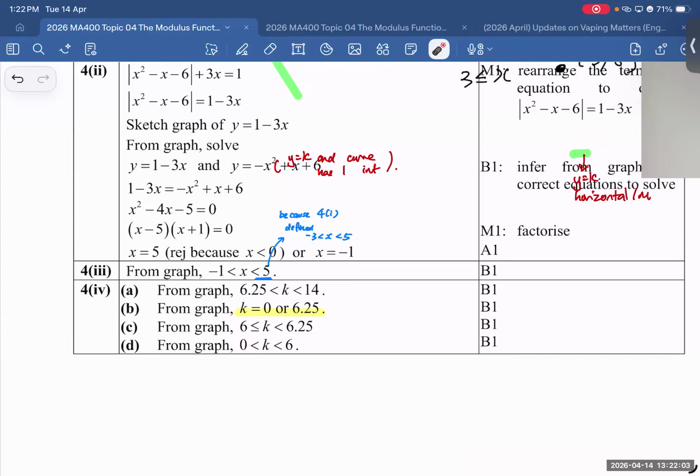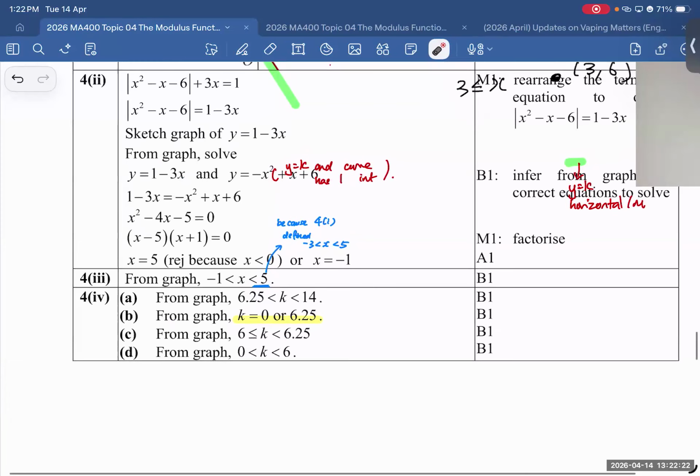Y equals to k, so y equals to a horizontal line. Y equals to 3. K equals to x squared minus x minus 6. So we are looking at the first one, y equals to x squared minus x minus 6.